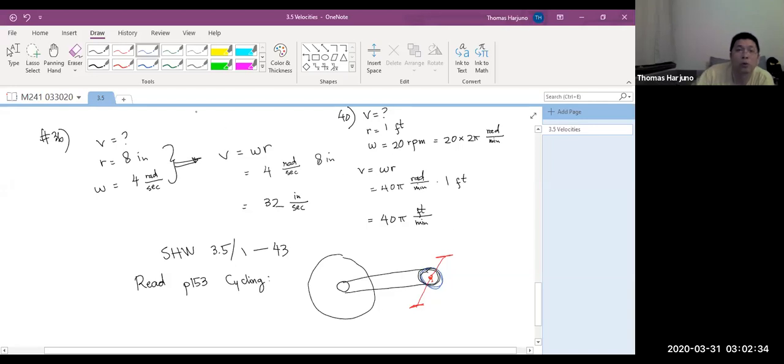Okay, so let me write it down. The angular velocity of the pedal is equal to the angular velocity of the chain ring. Now, however, between this chain ring and sprocket, what will be the same?